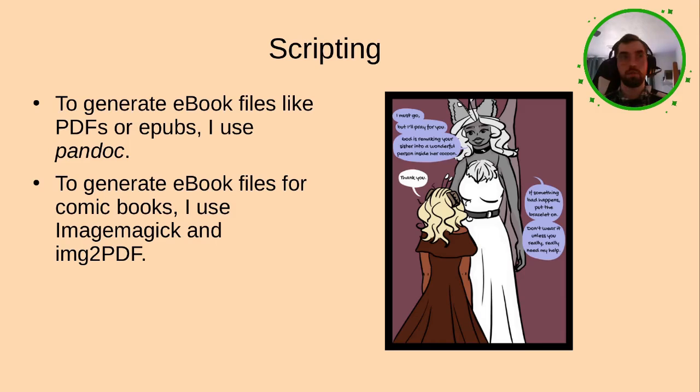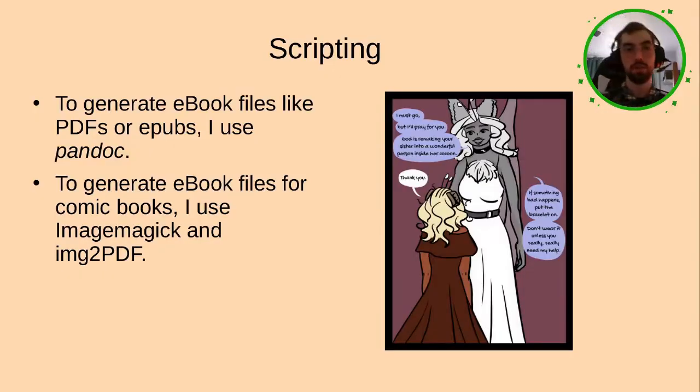And I also use ImageMagick to generate images, especially when I'm making 2-page spreads for print. For example, I would need to figure out how to make pages like this, and it's just easier to do with a script and ImageMagick. And then I stitch all those PNGs together with image to PDF.